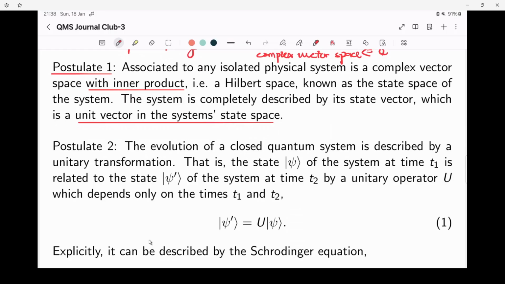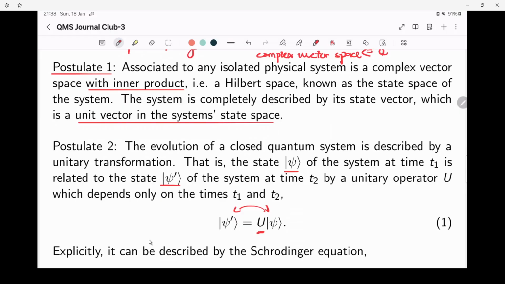The second one is on the evolution of a closed quantum system. It is usually described by a unitary transformation. So if you have the quantum state of a system, psi, at a particular time t1, and then at t2 it will be psi prime, this is related through a unitary matrix.